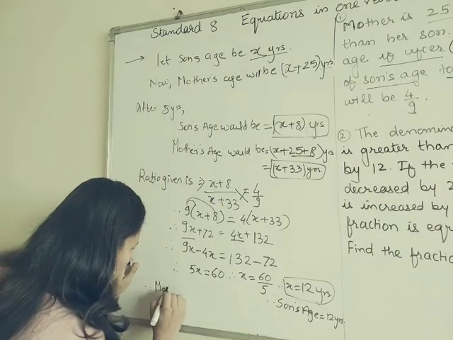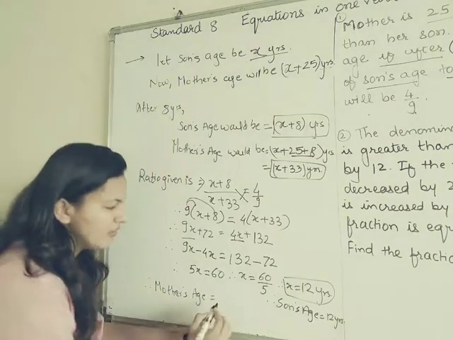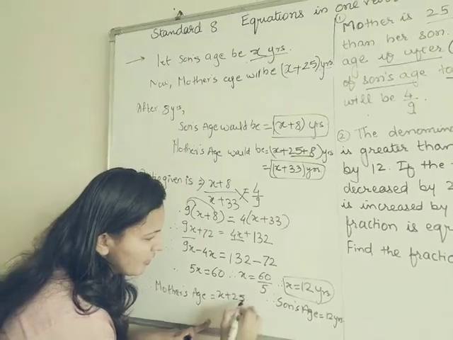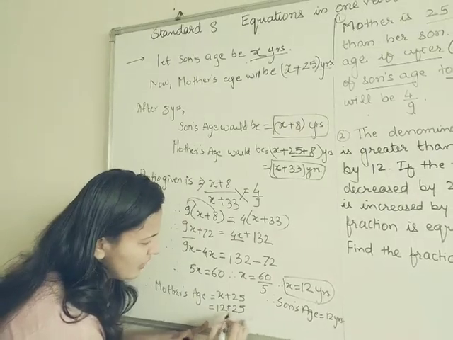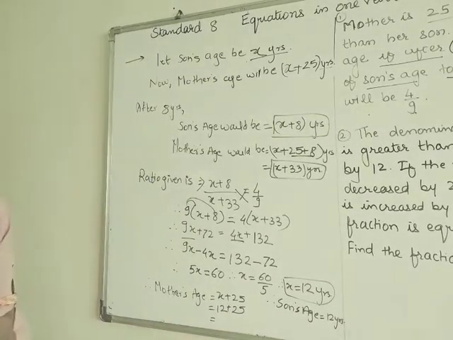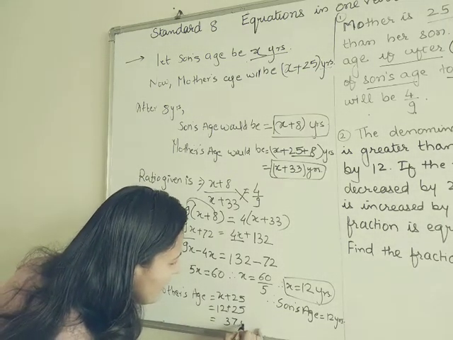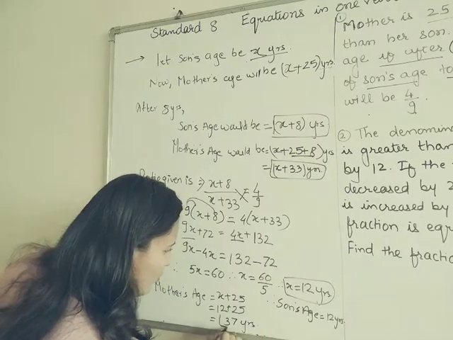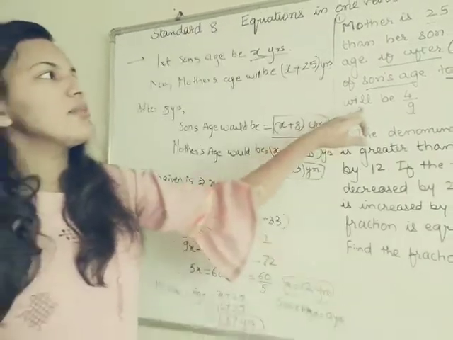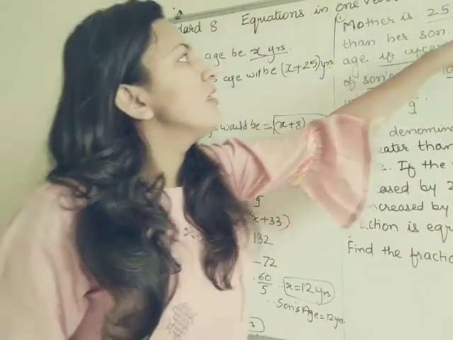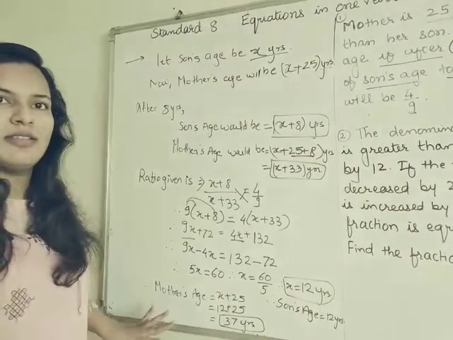Mother's age would be x plus 25, where x is 12. 12 plus 25 is 37 years. So here we have got the answer of both son's age and mother's age. But what we need to find out is the son's age only. So this is the value for son's age. That's it, the other is not required.